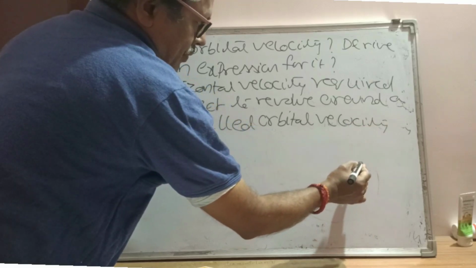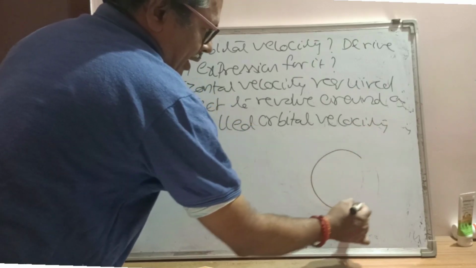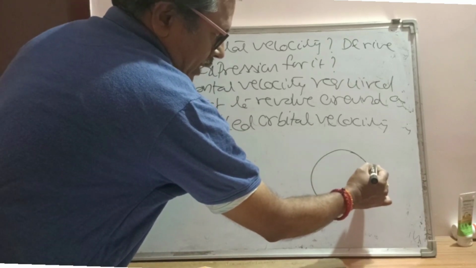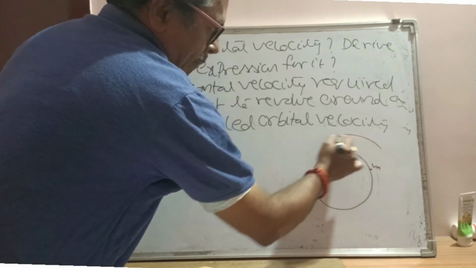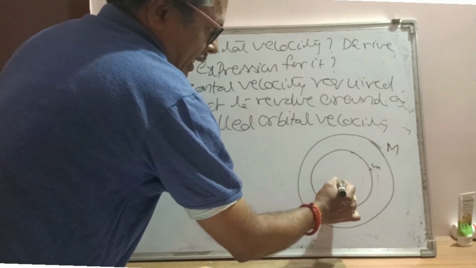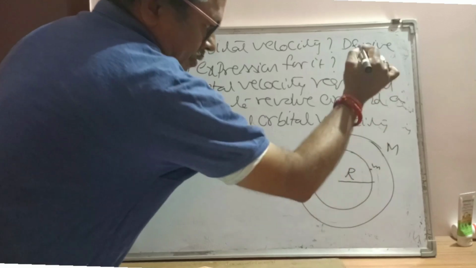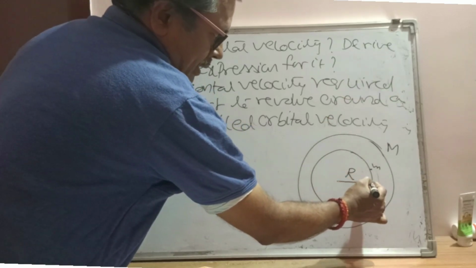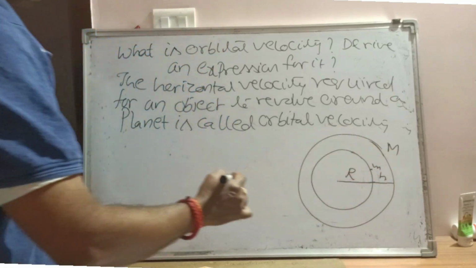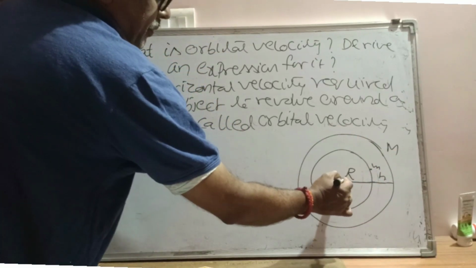For example, let us consider an object of mass small m which is revolving around the planet of mass big M. It makes the radius r and h is the height of the center of mass joining the planet.